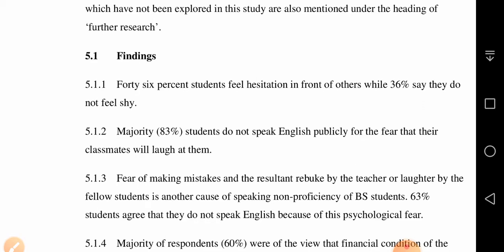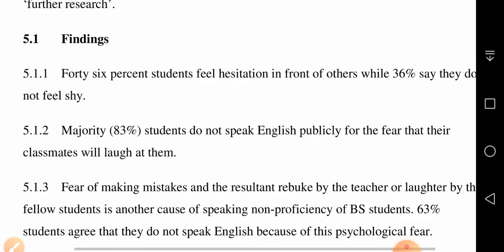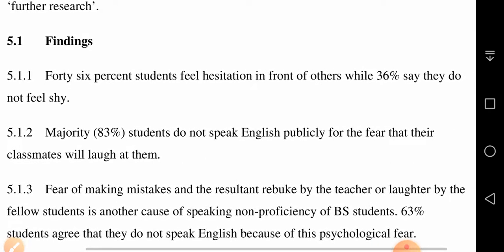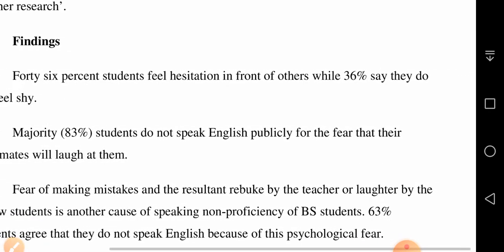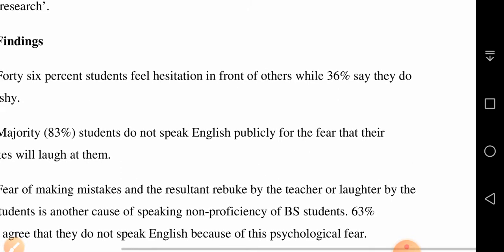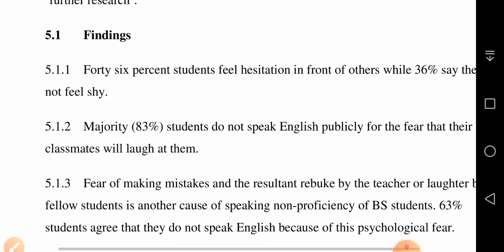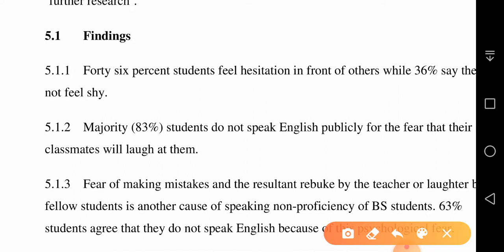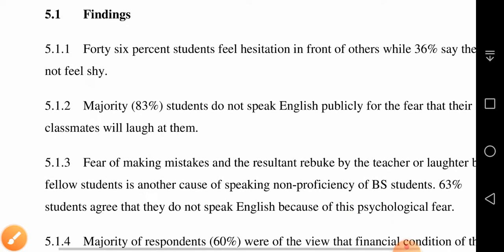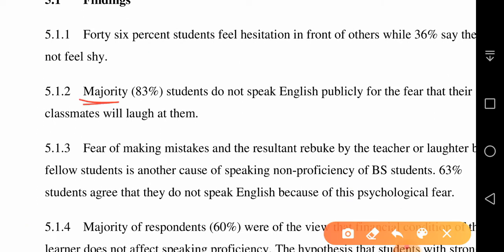See, 46% students feel hesitation in front of others, while 36% say they do not feel any shyness. These findings have been taken from chapter number 4. When you write majority, you have to give the figure.